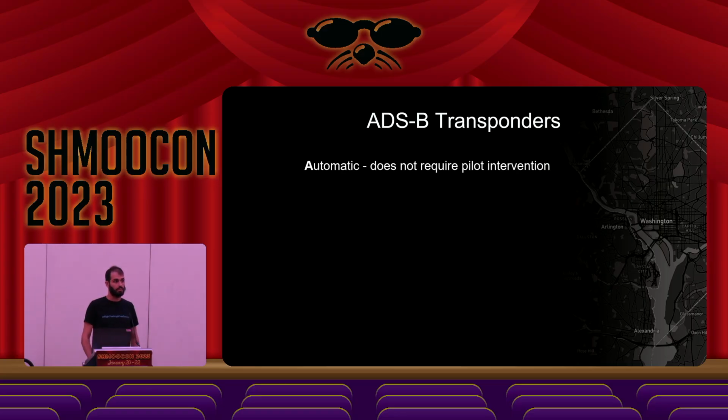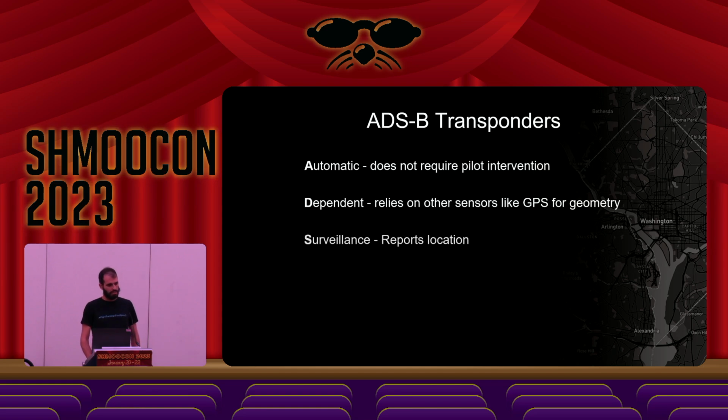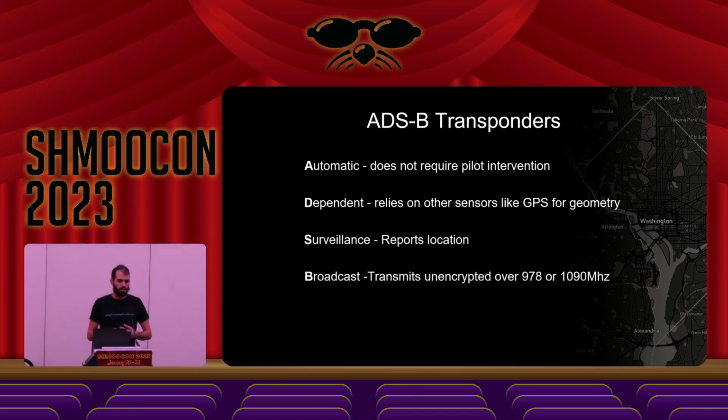Automatic in that it does not require a pilot's intervention, dependent on a number of sensors, surveillance in that it reports those sensors over broadcast on 978 or 1090 megahertz, unencrypted, intended for reception by other aircraft and control towers, but also frequently received by enthusiasts like us who upload that data to FlightAware and Flight Radar 24 so that you can get that global map.